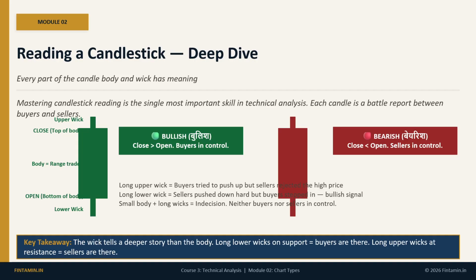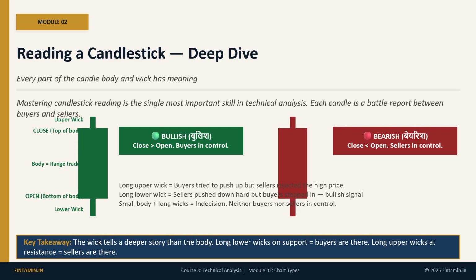The wicks, the thin lines above and below the body, show the extreme prices reached but not sustained. A long upper wick means buyers pushed the price up aggressively, but sellers came in and pushed it back down. A rejection at higher prices. Bearish signals at resistance.